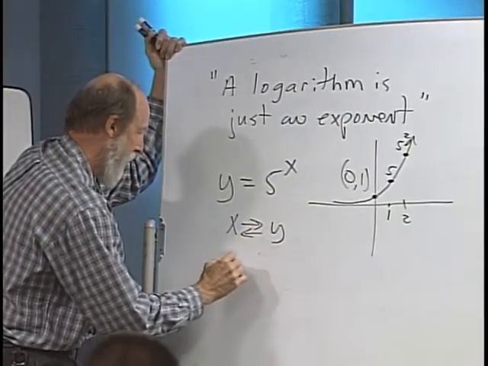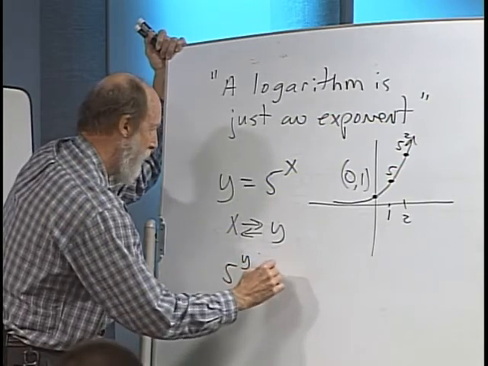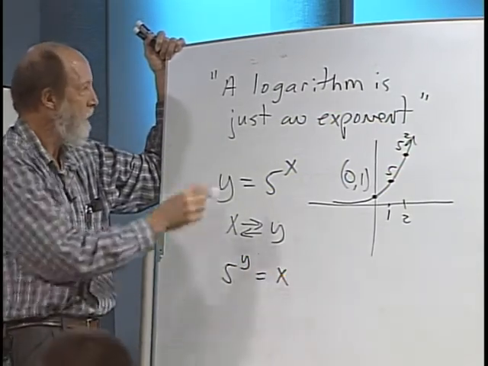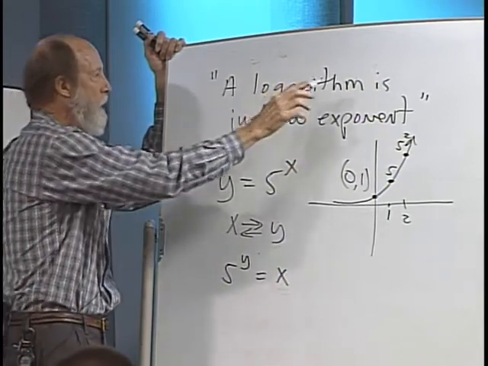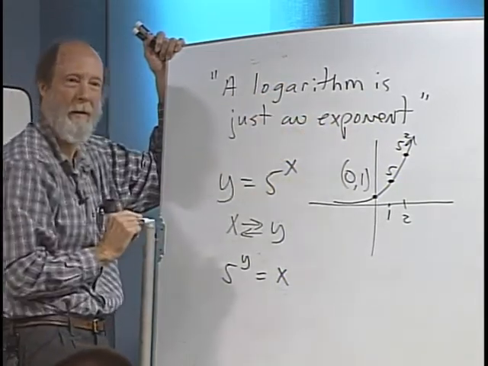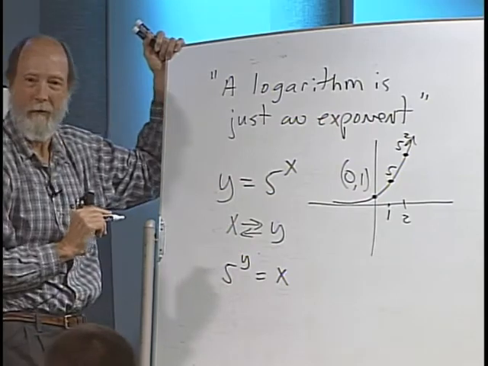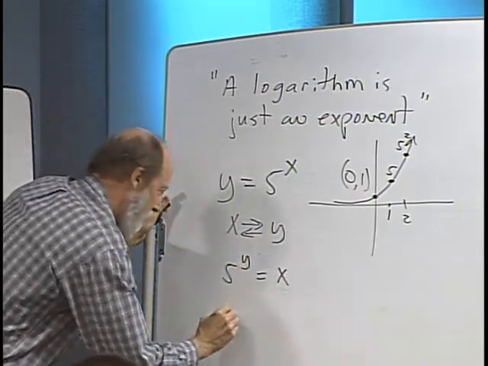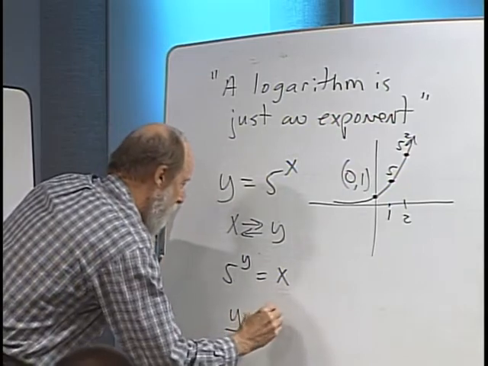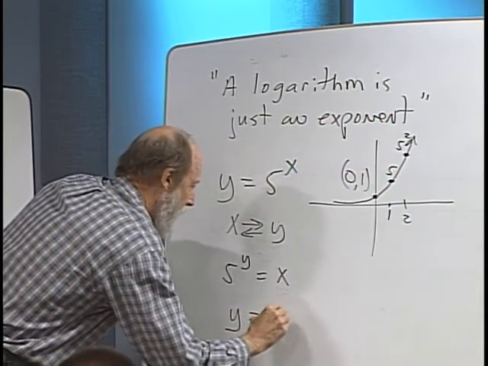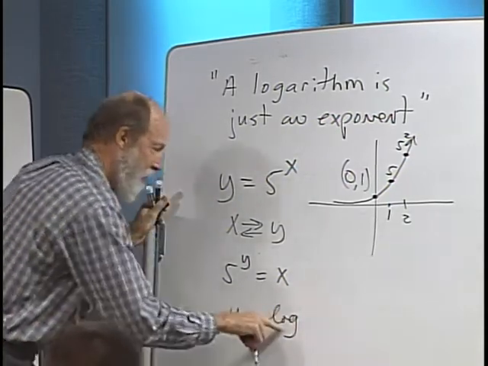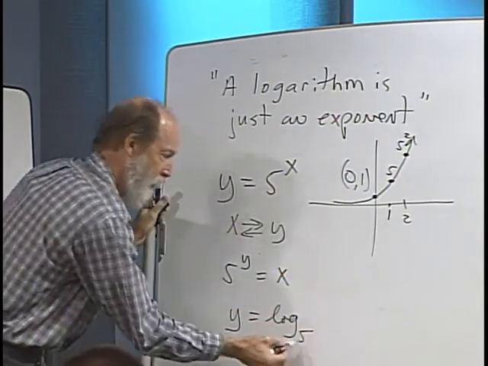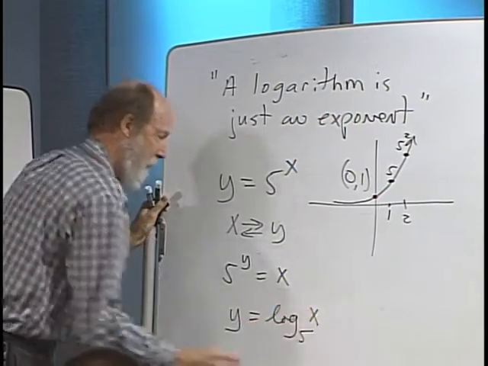So we have 5 raised to the y power equals x. So look up here. A logarithm is just an exponent. Well, the mathematicians decided to write this as y equals the logarithm. In other words, you can think of this as an exponent. Base 5, I have to put a little subscript there, of x.